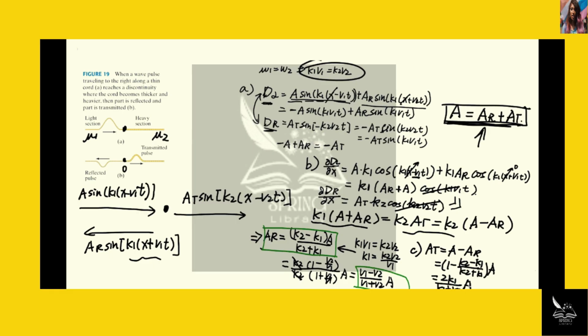Of course, another thing we can do is to use the definition of v, in which case it becomes 1 minus (v1 minus v2) over (v1 plus v2) times A. This can be expressed as 2 v1 over (v1 plus v2) times A. So this is A_T in terms of A.